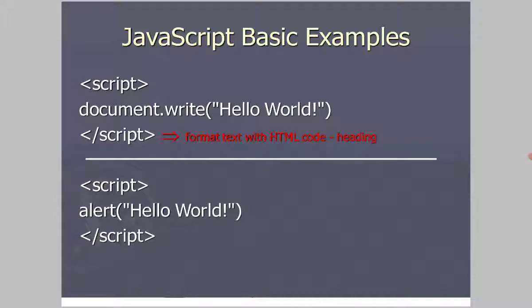Similarly, alert, prompt, MsgBox, and document.writeln are all called input output statements. They can be used to display something or write something on a page. Alert within quotes some message means to display some message in a dialog box.